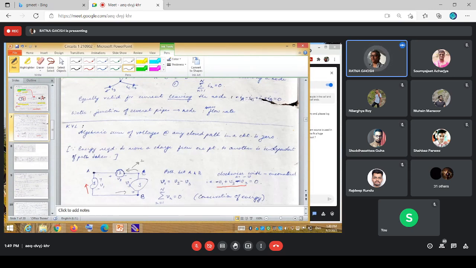So plus of V3 minus of V2 plus of V1 is equal to 0. Effectively, you would have just the sign reversal of this one, so the relation would still have been the same. V1 would still have been V2 minus V3.